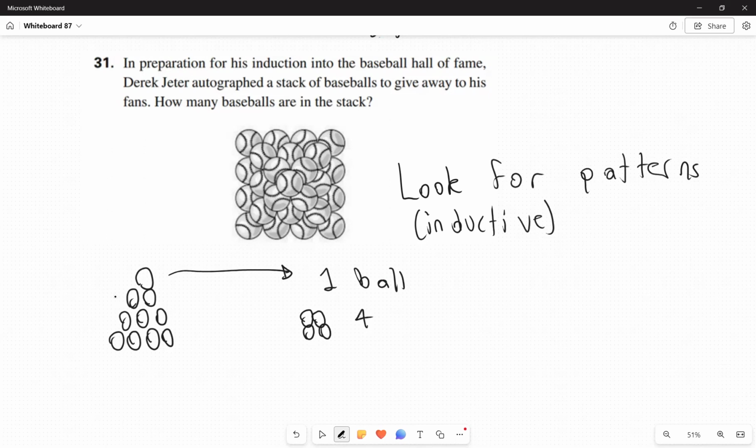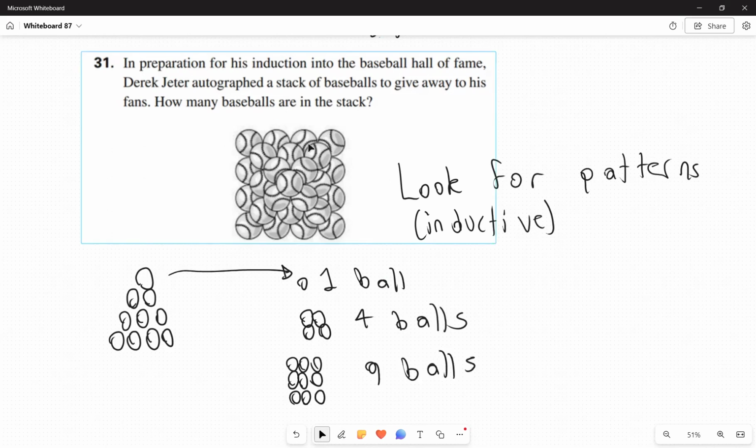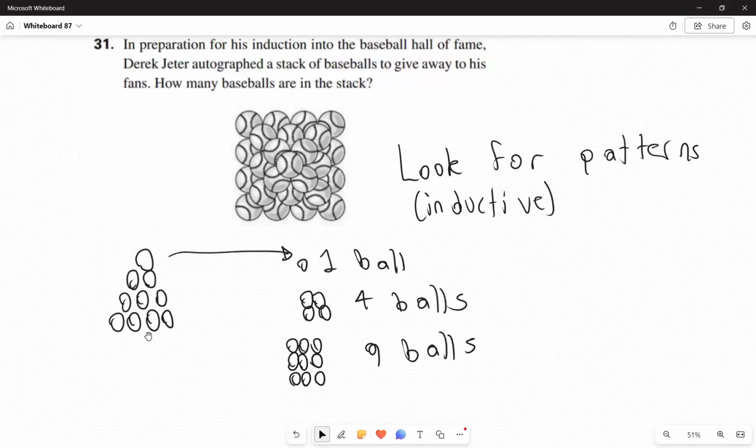So that's 4 balls. And then below that, you have 3 by 3. So that's a total of 9 balls. And at the very bottom, you have 4 by 4. That's going to be 16 balls.